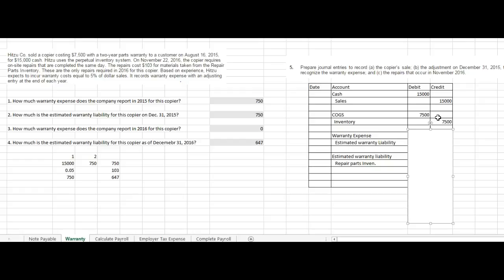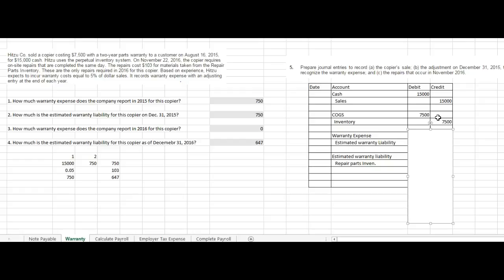That cost $103, and it was taken out of the repair parts inventory. These are only repairs required in 2016 for this copier. Based on experience, the company expects to incur warranty cost equal to 5% of the dollar sales. It records warranty expenses with an adjusting entry at the end of each year.